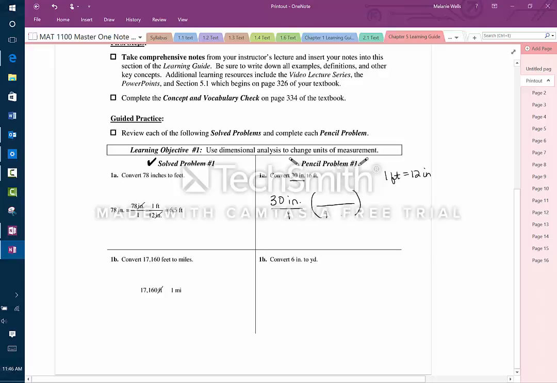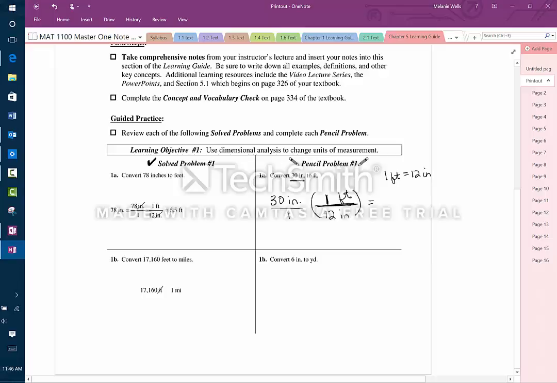So we're going to put the 12 inches in the denominator, and that's equal to 1 foot. Now what we've just done is come up with a fraction that is equal to 1. 1 foot and 12 inches are exactly the same. So we're just changing the look of 30 inches. We're not changing the value because we're multiplying it by 1.